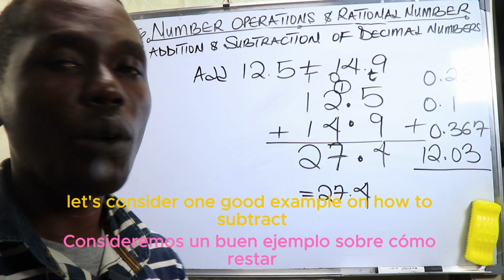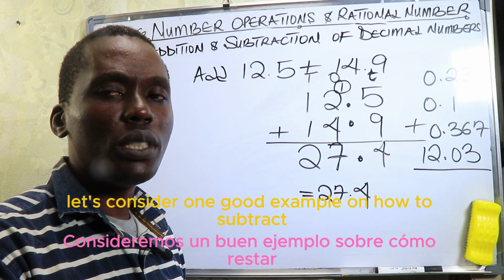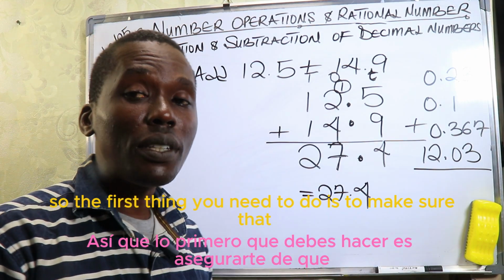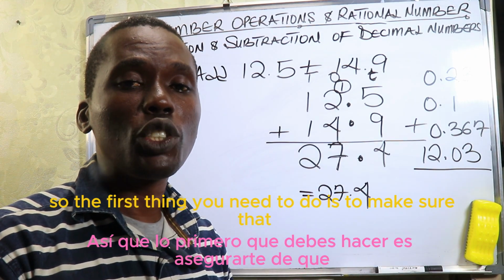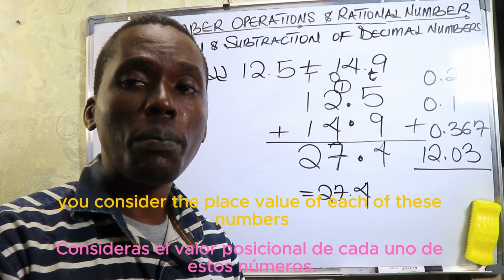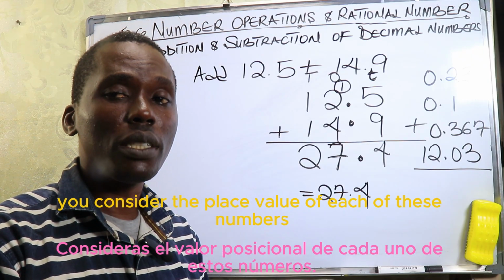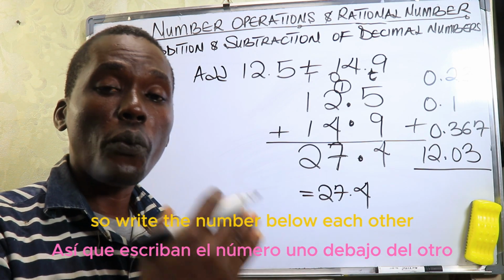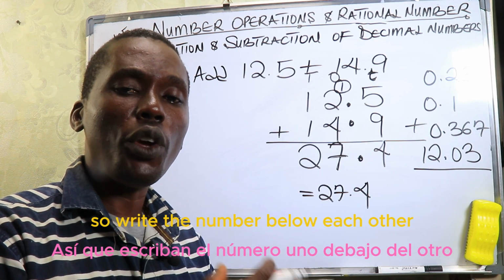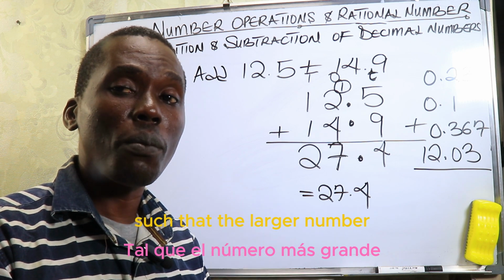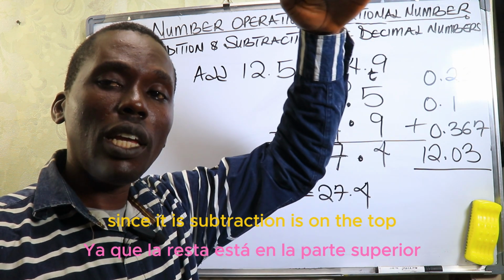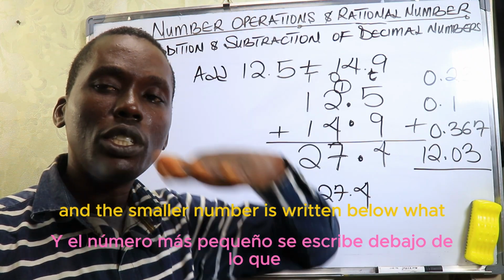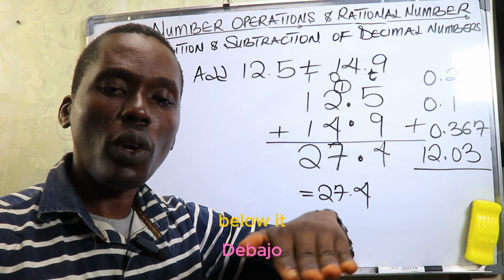Now let's consider one good example on how to subtract decimal numbers. The first thing you need to do is to make sure that you consider the place value of each of these numbers, and then you consider the decimal point. So write the numbers below each other such that the larger number, since it is subtraction, is on top and the smaller number is written below it.